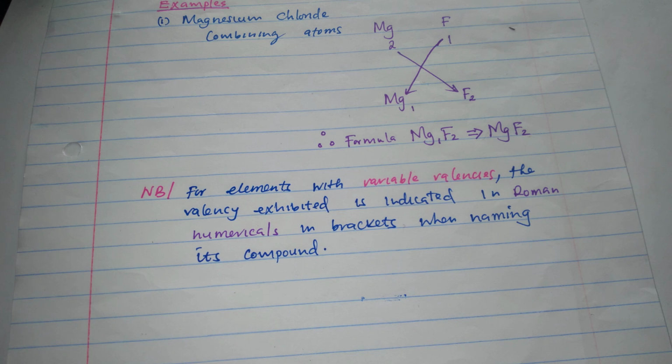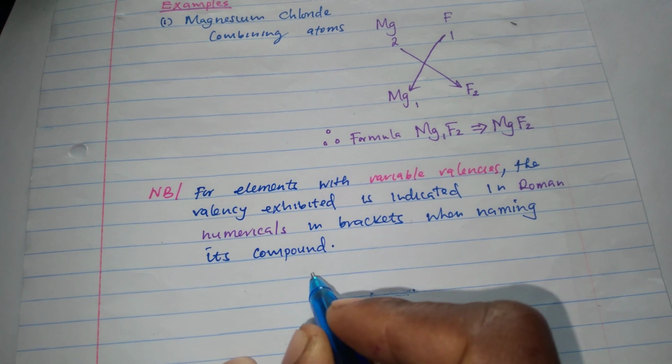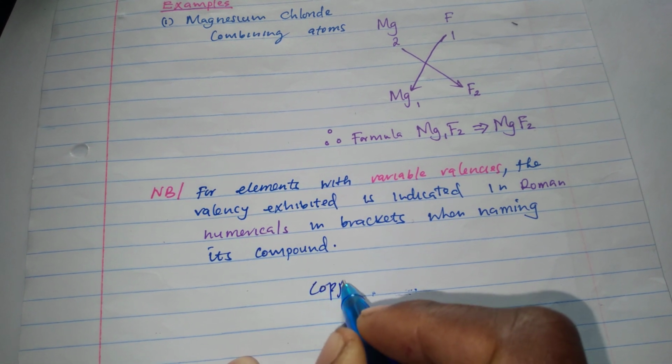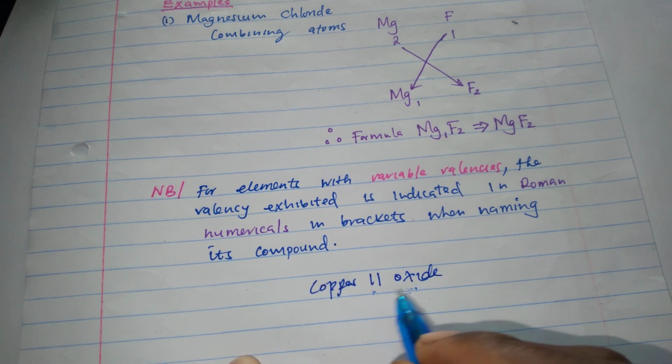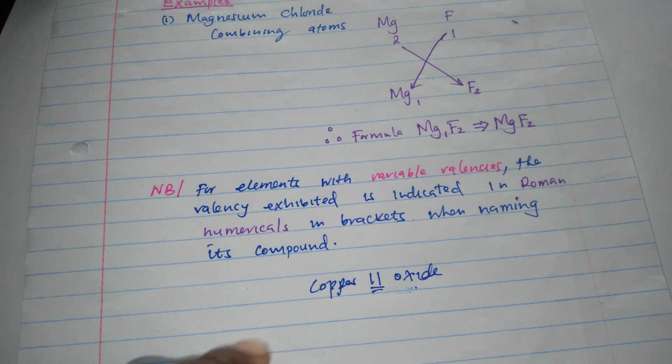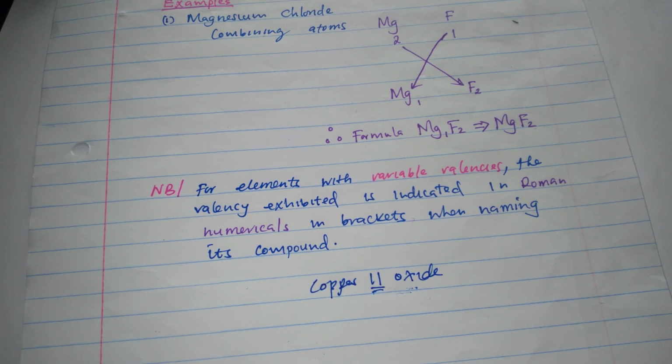For example, copper(II) oxide, or copper(I) oxide, or copper(II) sulfate, and so on. I want us to do more practice on this so that we can derive more examples.